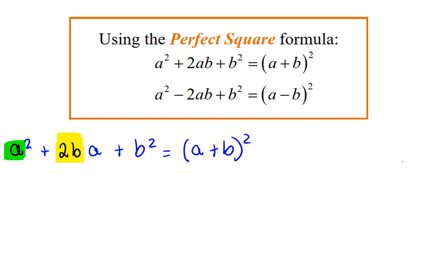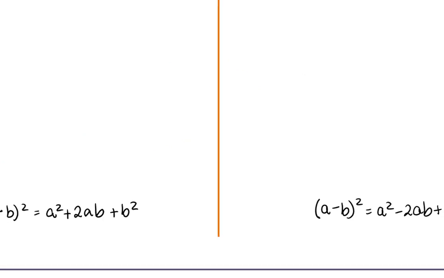So I'm going to get whatever the coefficient of a is, in this case 2b, and I'm going to divide that by 2 to get my b. Once I've done that, I've set my bracket up. Now that's the same if I have a negative or a positive, it's just that I'll take the negative if it is. So anyway, I'll go through the process and hopefully that makes more sense for you.